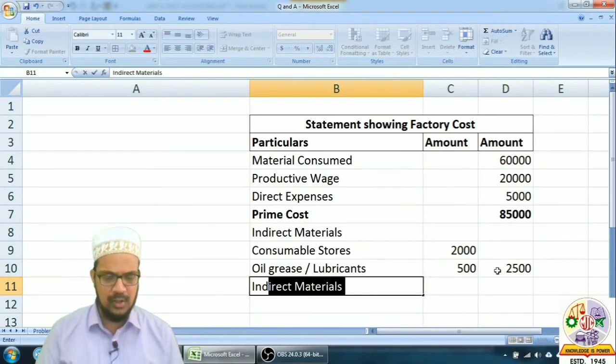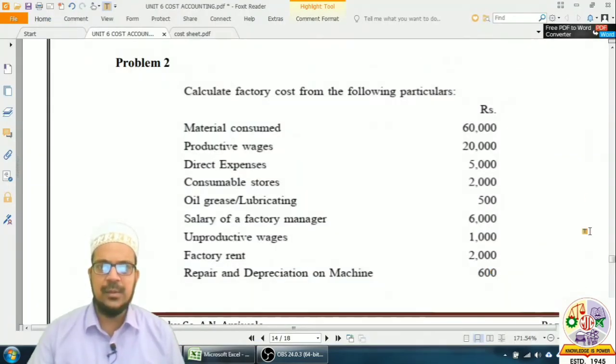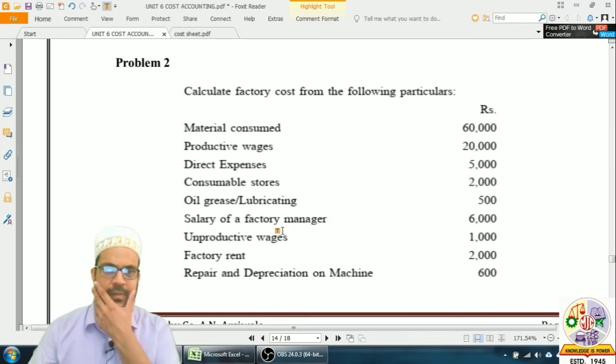Similarly, we will go for indirect labor. Now in indirect labor, we can see again two things: salary for the factory manager and unproductive wages. Factory manager's salary will be treated as factory overheads, since he is managing the factory and is not directly producing anything, but he is managing the entire factory.